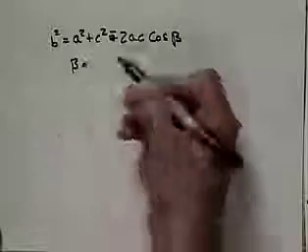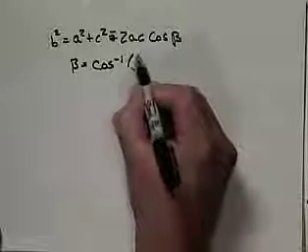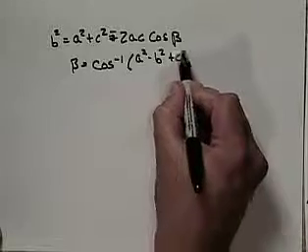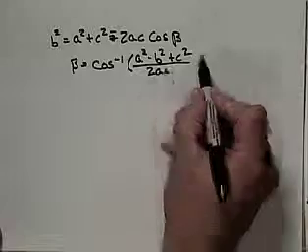Now, if I solve this equation for beta, I get the following formula. Beta equals the inverse cosine of the quantity a squared minus b squared plus c squared, all divided by 2ac.